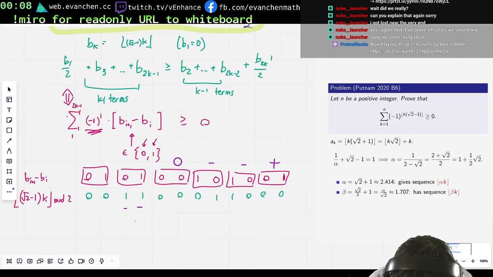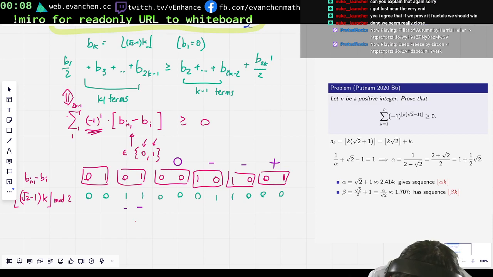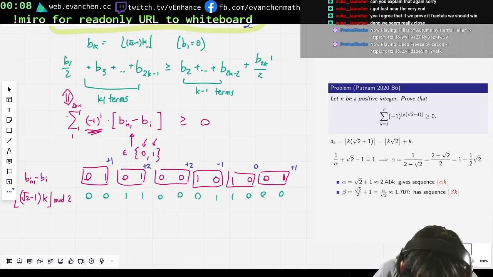Right, so in blue, let me write, so this is +1, +2, +2, -1, 0, +1, for example, on the top. On the bottom, this is 1, 2, 1, 0, 1.